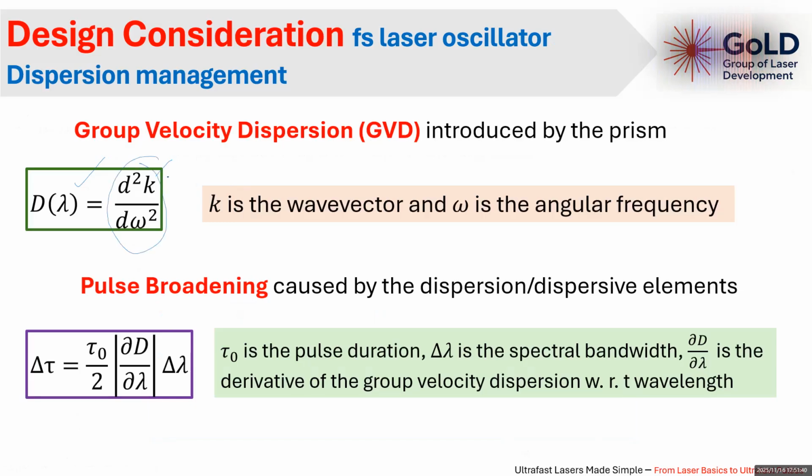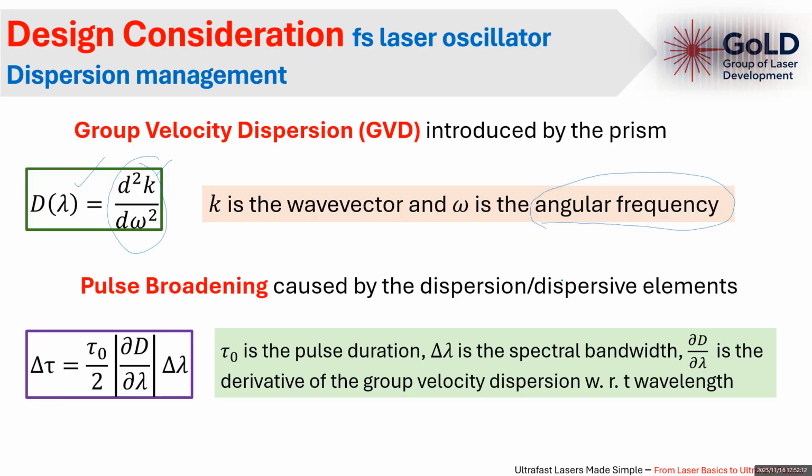Here this is the wave vector, and omega is the angular frequency. When a pulse is moving through any dispersive medium, definitely this effect happens. This equation is standard for this.